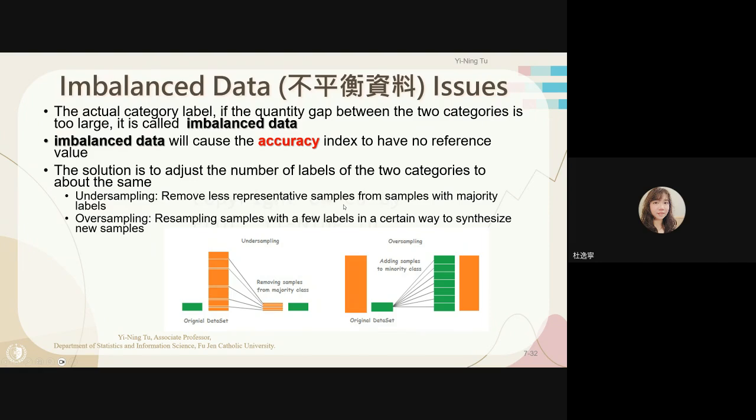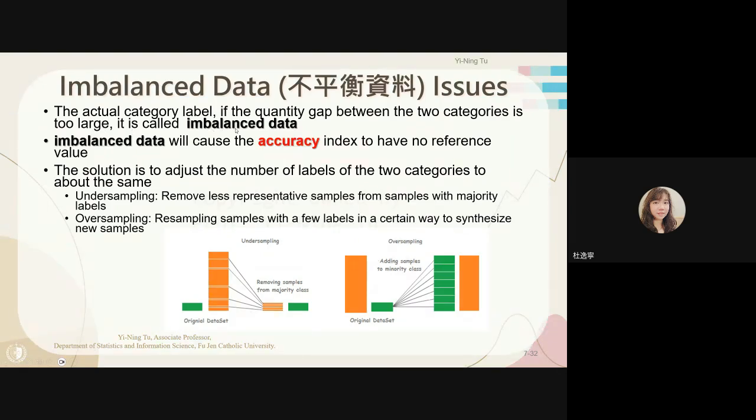Okay. Such kind of situation, just like a rare event, actually is the imbalanced data issue. The actual category label, if the quantity gap between the two categories is too large, it is called imbalanced data.